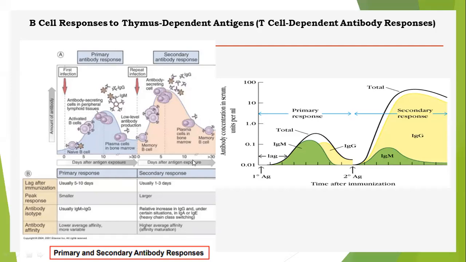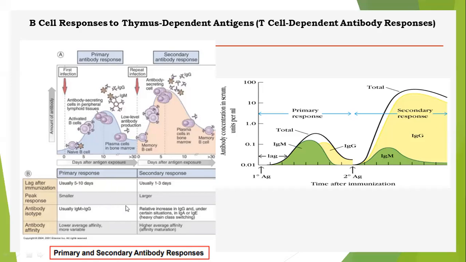In the table below, you can see that we have a stronger secondary response as compared to the primary response, but a shorter time to response in the secondary response than in the primary response.